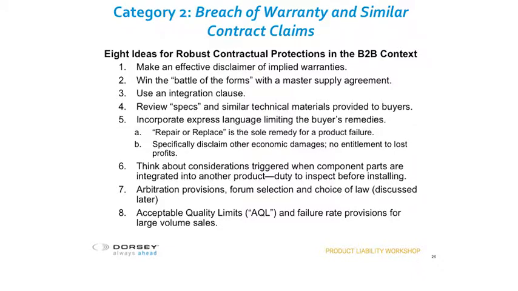The battle of the forms is something that we deal with a lot in the commercial B2B context. So how does this happen? I'm the seller of a product. I send it out. I've got my warranty language here with all the effective disclaimers.